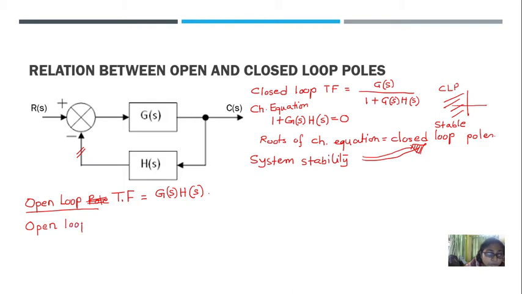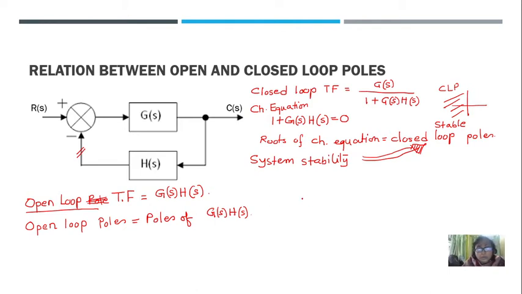Open loop poles are equal to the poles of G(S) into H(S). This is basically the open loop pole and this is the closed loop pole.